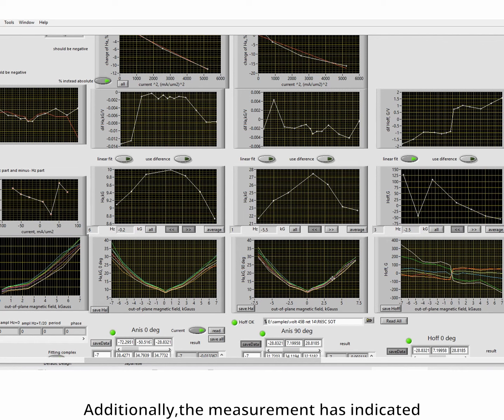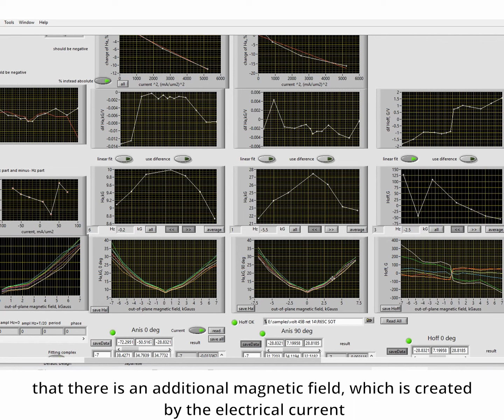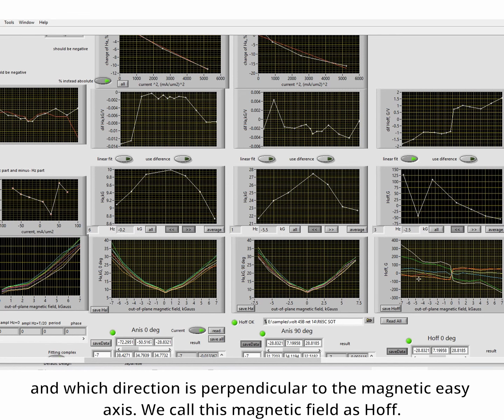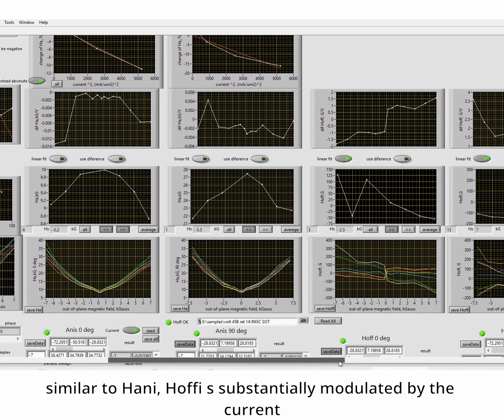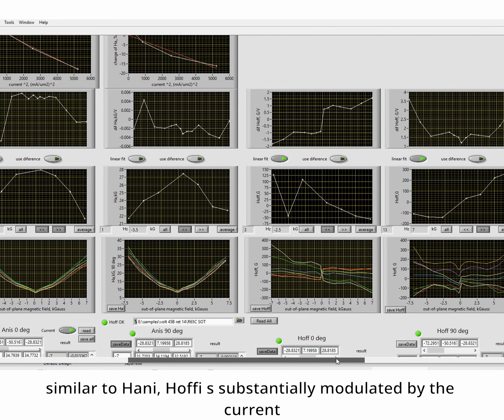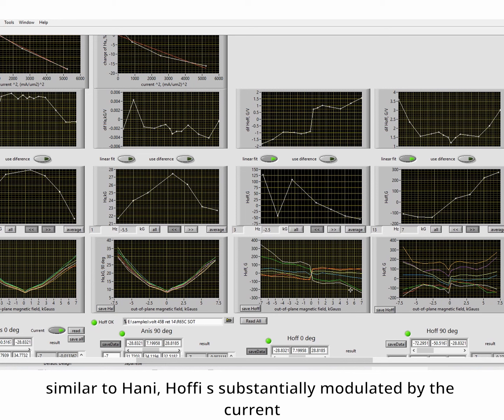Additionally, the measurement has indicated that there is an additional magnetic field which is created by electrical current and whose direction is perpendicular to the magnetic axis. We call this magnetic field the offset field. Similarly to anisotropy field, the offset field is substantially modulated by current.